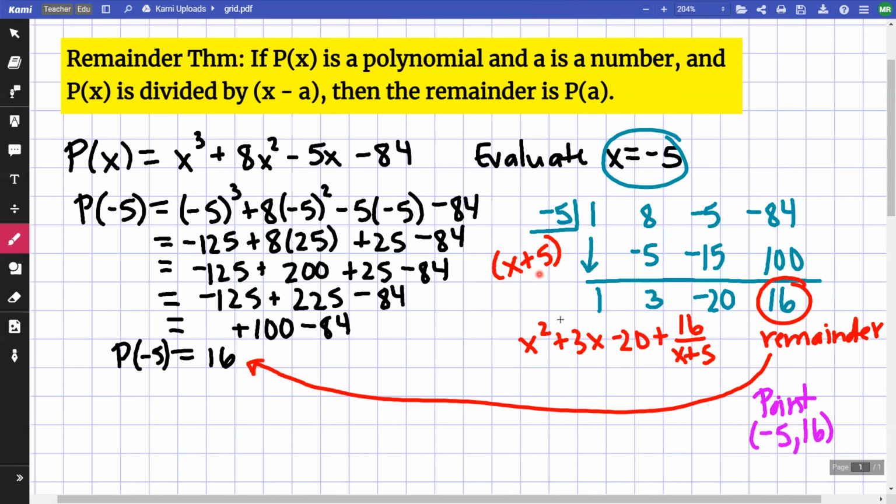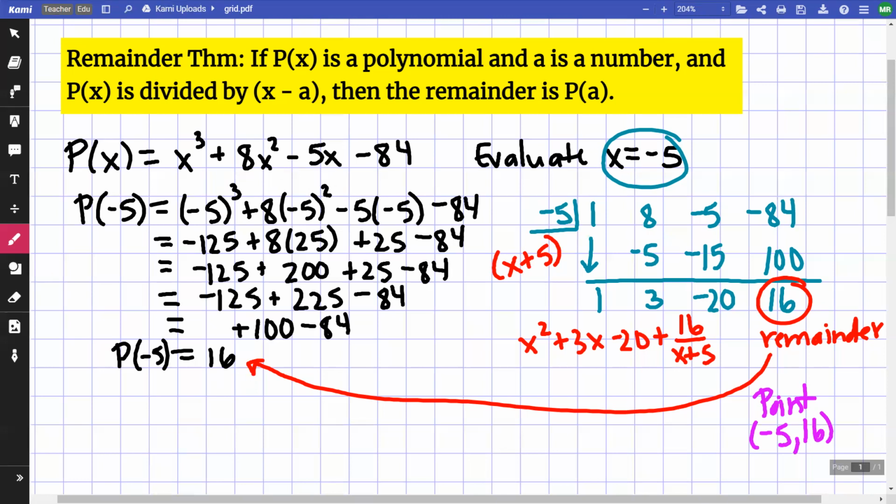So that's what the synthetic division is doing. This remainder is my remainder when I'm dividing. And if I did have a -5 here, really I was dividing by an x plus 5. But this -5 is also the same as substituting into the polynomial. And what I get for my remainder is the same as me substituting in -5.